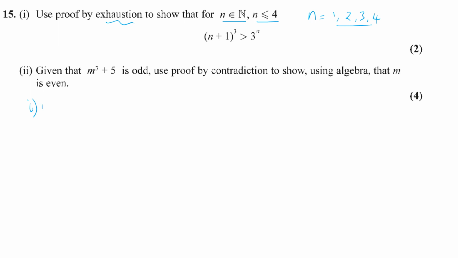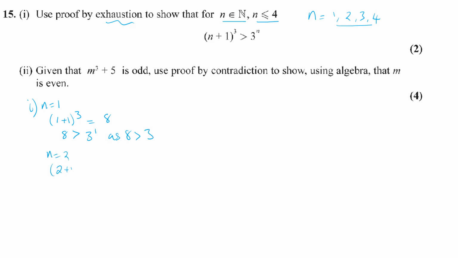So let's put n equals 1. Then you'd have 1 plus 1 cubed, which is going to be 8, and 8 is greater than 3 to the 1, as 8 is greater than 3. N equals 2.